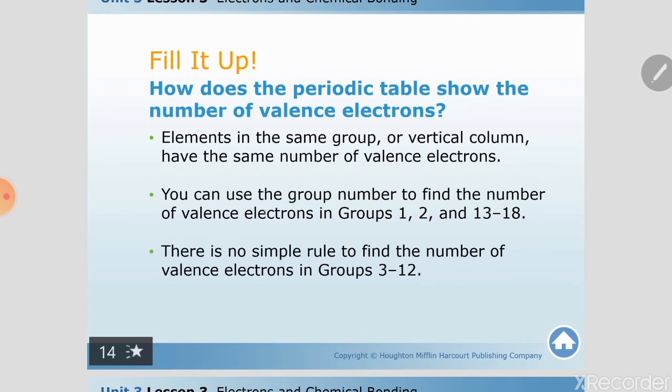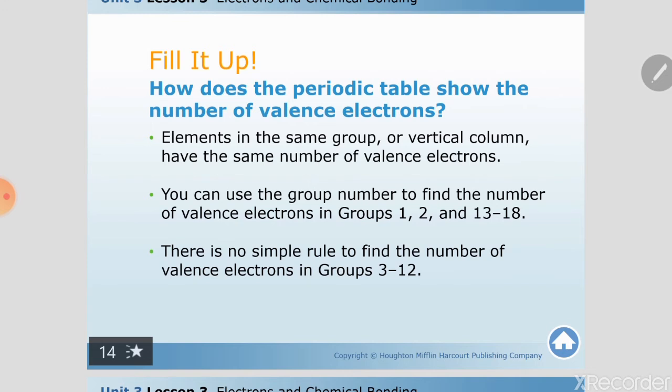You can use the group number to find the number of valence electrons in groups 1, 2, and 13 to 18. You use the ones digit only. The number of valence electrons is equal to the ones digit.